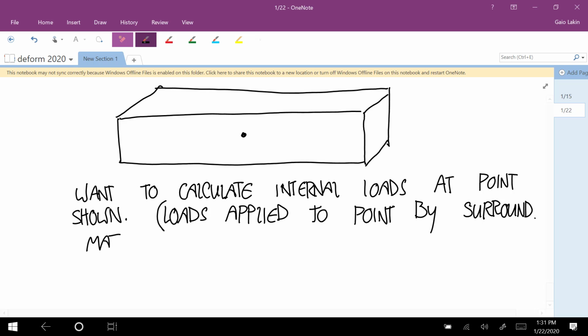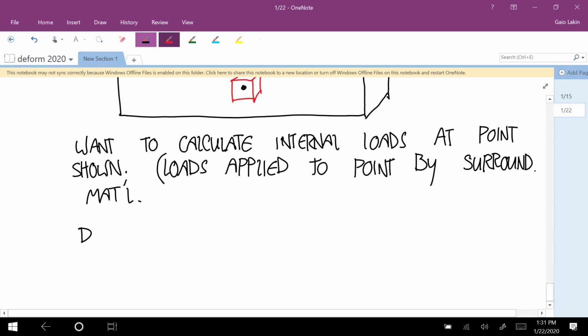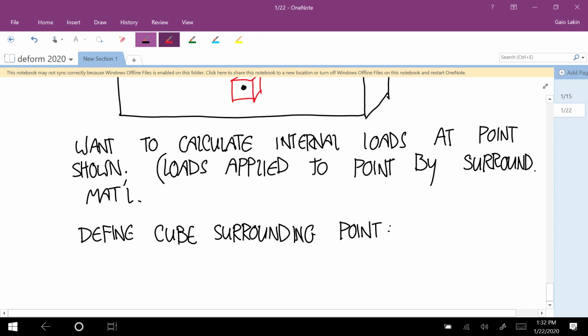Okay, so what we're going to do is define a cube that surrounds that point, and ask yourself, what are the loads applied to that cube by the surrounding material?